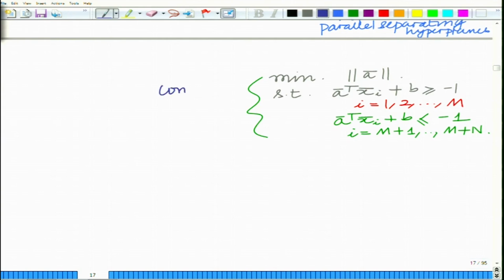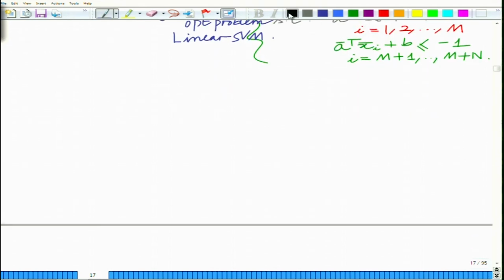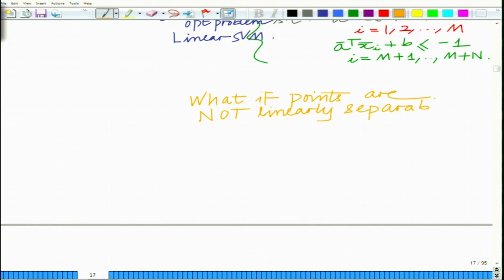Now, the problem arises if the sets of points are not linearly separable. What if they are not linearly separable?